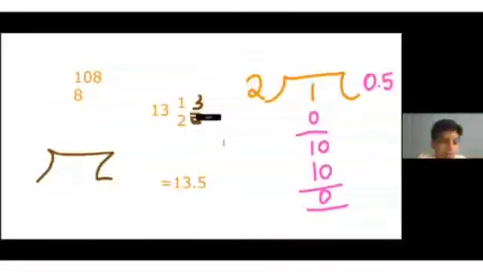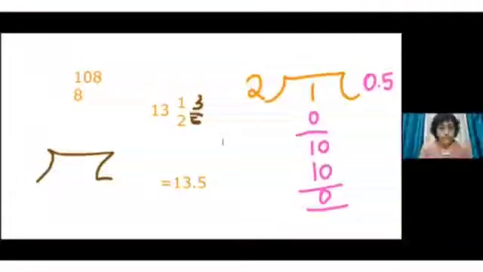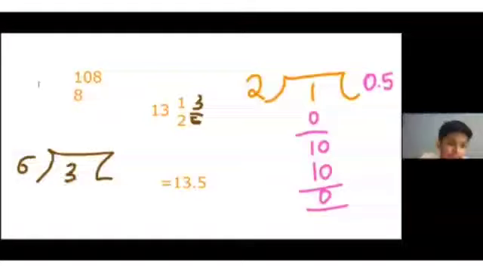So now I would do 6 divided by 3, right? The numerator always comes here, and the denominator always comes there.